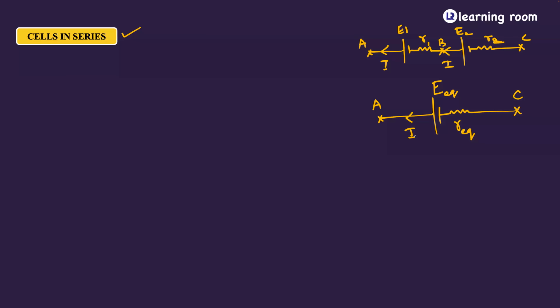Is that clear? So if I apply the relation for the terminal potential difference and EMF for the first cell, can I write VA minus VB is equal to E1 minus I into R1? V is equal to E minus IR in the case of discharge.